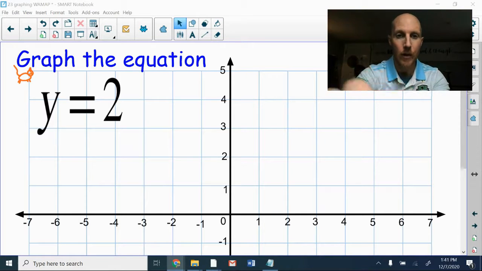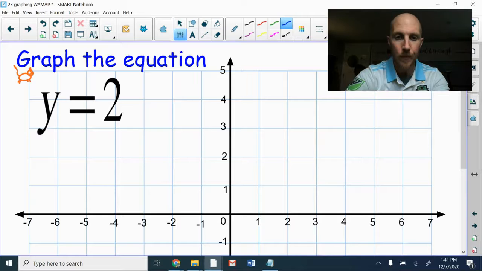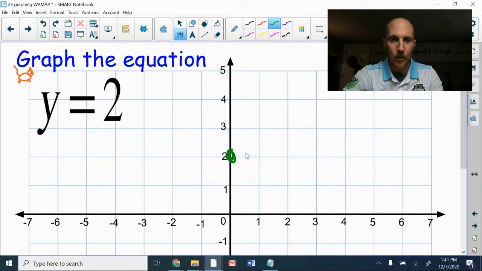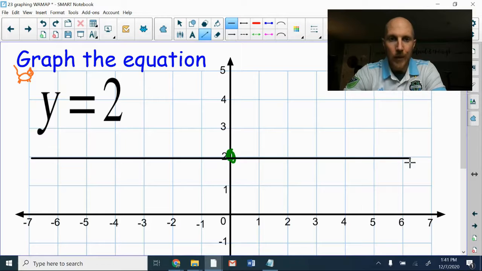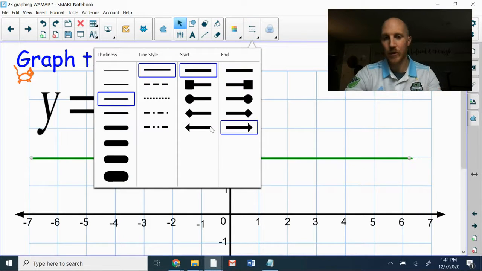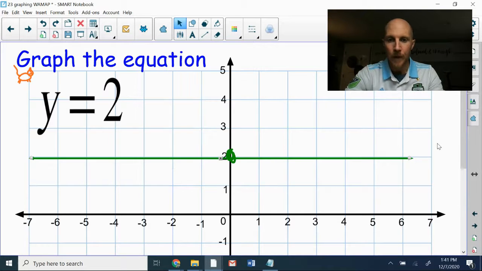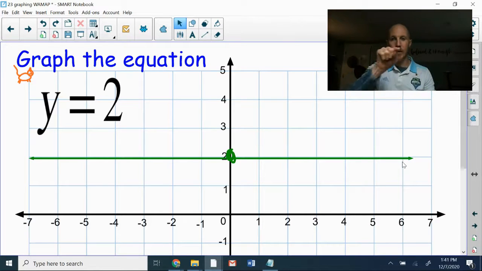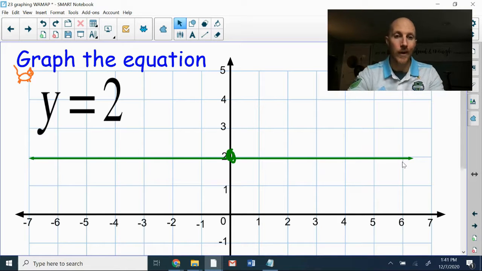I'm going to find on the y-axis where it is 2, put a dot, keep track of that for myself, and then the line is going to go straight across from that point, sticking out in both directions, both to the left and to the right, at that same height of 2. Make it green so it matches, and then I'm going to give it arrowheads because it does continue forever. So every single point, any place on that line is always going to have that same y coordinate of 2.